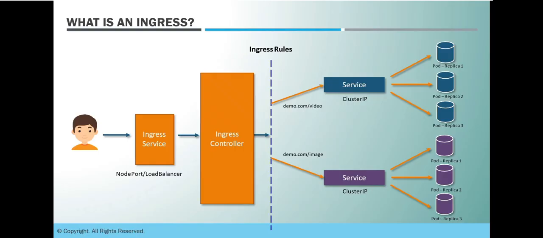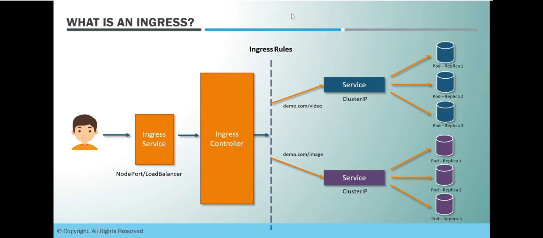So how does ingress work? Whenever you deploy an ingress, you need to have an ingress controller in the cluster already. Without an ingress controller, which needs to be deployed on your cluster, the rules cannot work. It monitors the ingress rules that you deploy for any deployment inside your cluster.